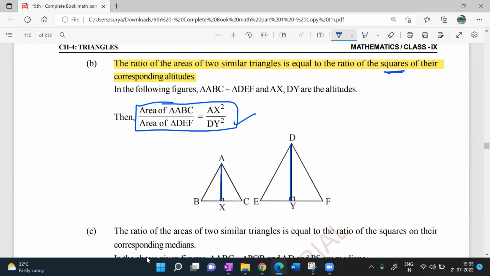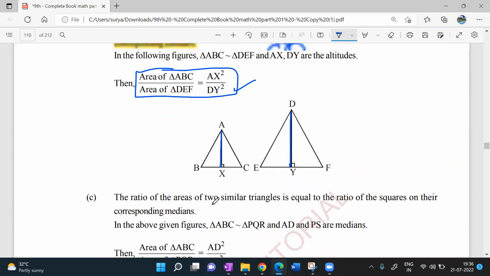Need not be two altitudes. Here AX and DY are altitudes of the corresponding triangles. One altitude. So the ratio of the areas of two similar triangles is equal to the ratio of the squares of their corresponding altitudes. That is the second point.